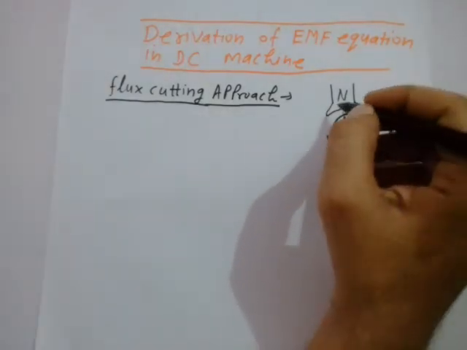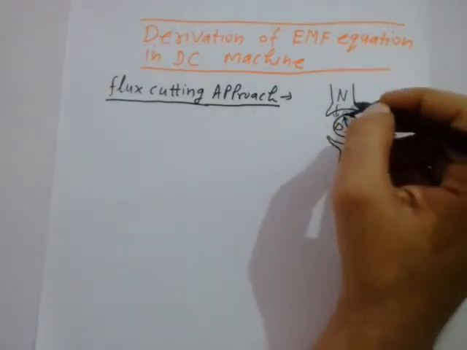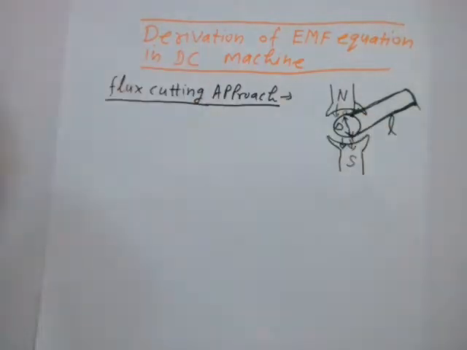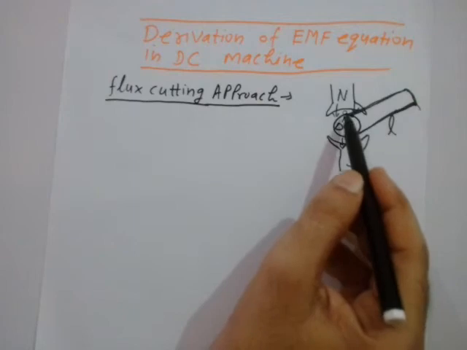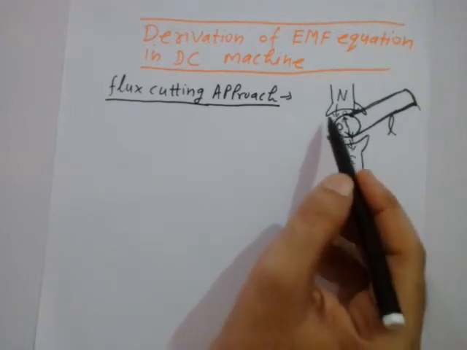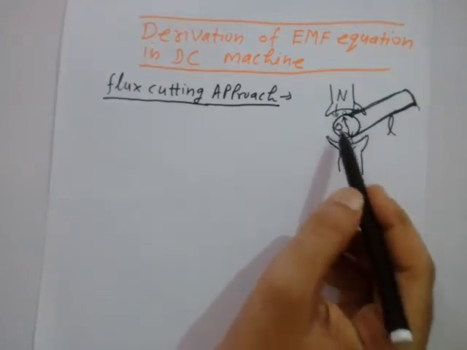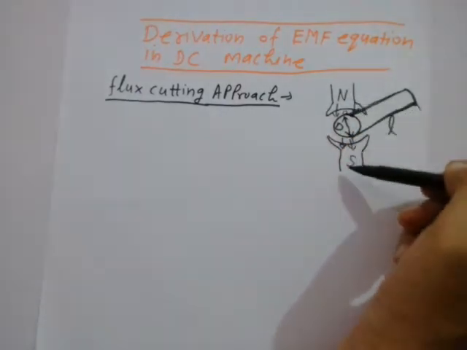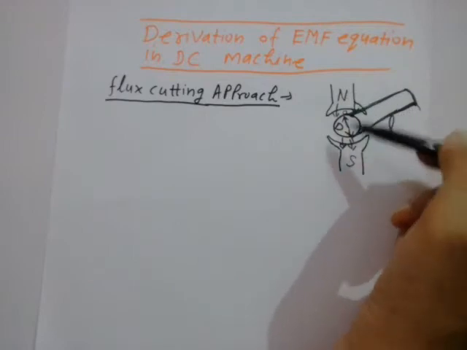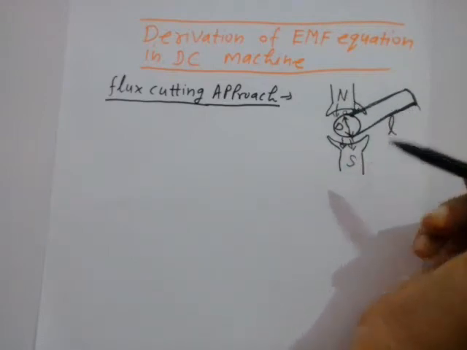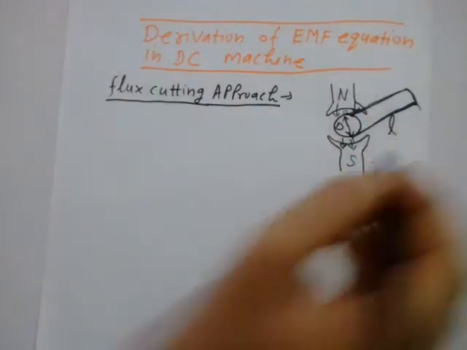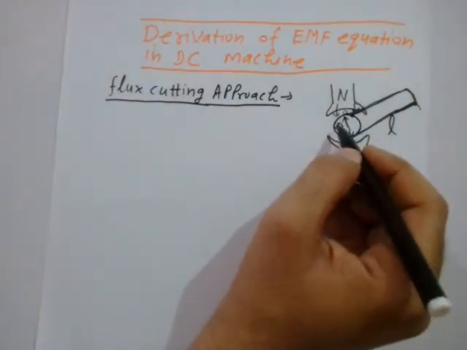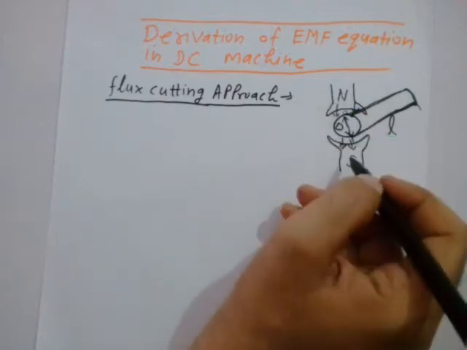These are basically field lines which come out from the north and enter into the south, right? This rotor conductor is rotated by a prime mover and is placed in a stationary magnetic field produced by these field poles north and south, right? So this rotor conductor is rotating and the field is stationary.